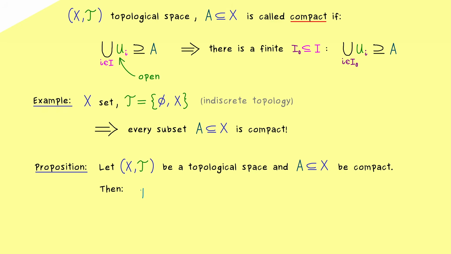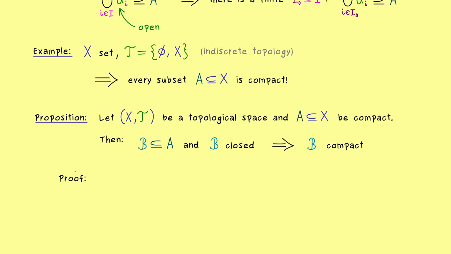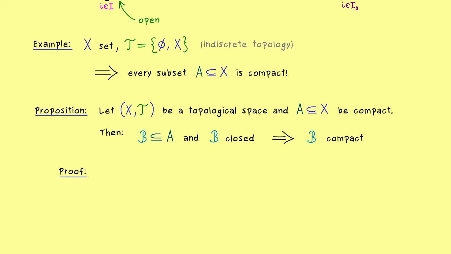In general, such a subset B does not have to be compact again. However, if we have the additional information that B is closed in our topological space, then we also know that B is compact. In other words, for subsets we only have to check for closedness if we want to show compactness. So this can be really helpful, and in fact the proof of this claim here is not so complicated.